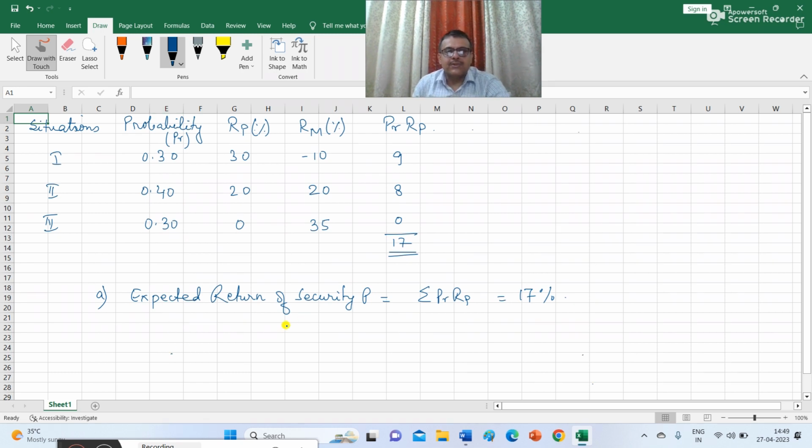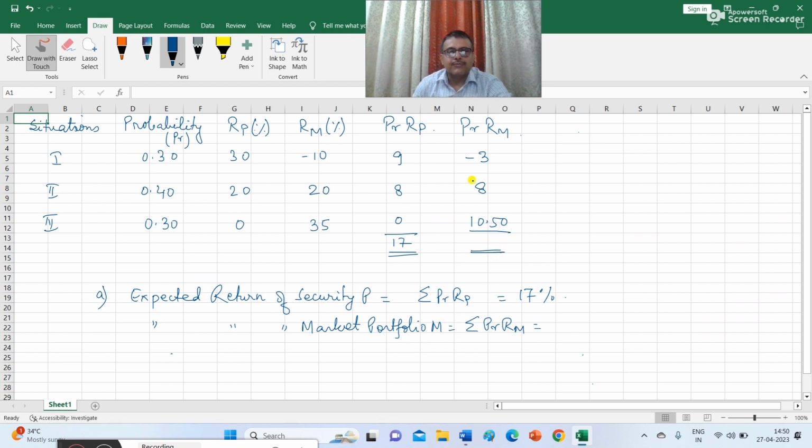Now the expected return of market portfolio M is the sum total of PR and RM. So here I have to calculate PR and RM. You will get -3, 0.4 into 20 is 8, and 10.50.